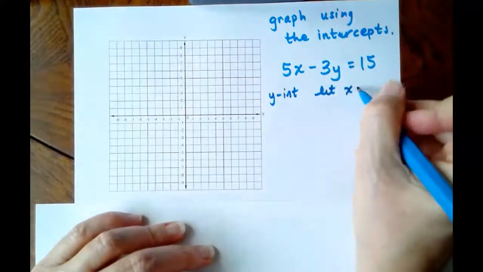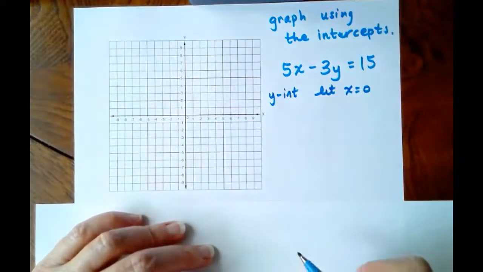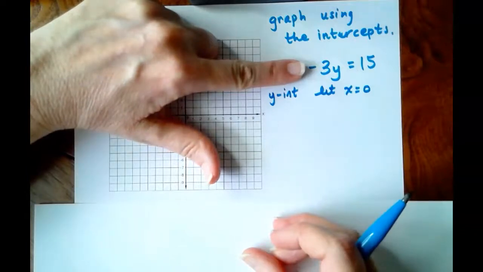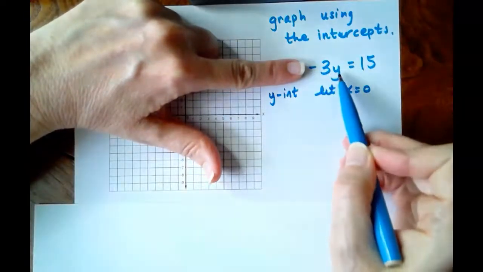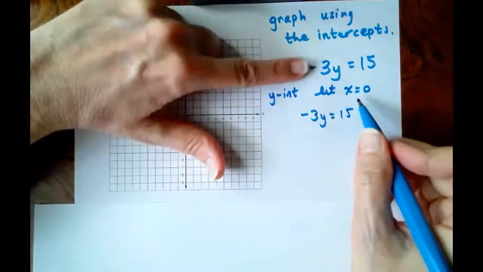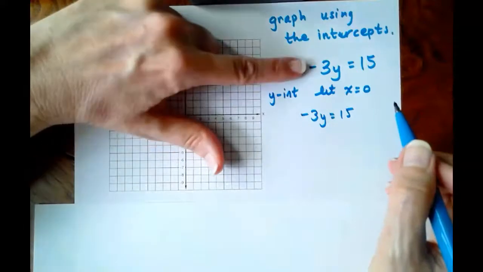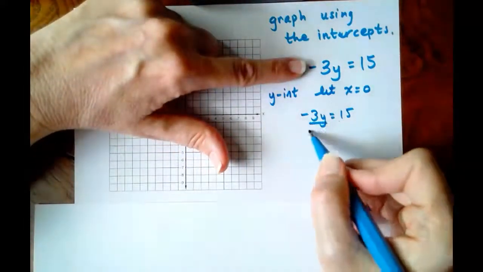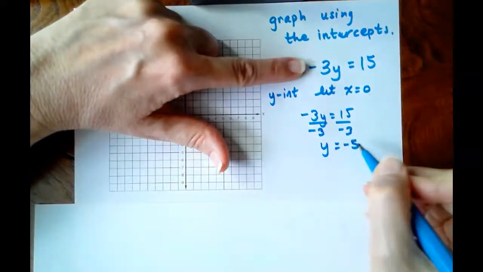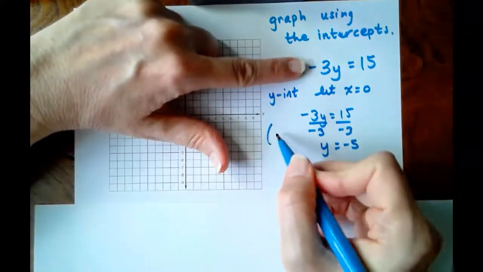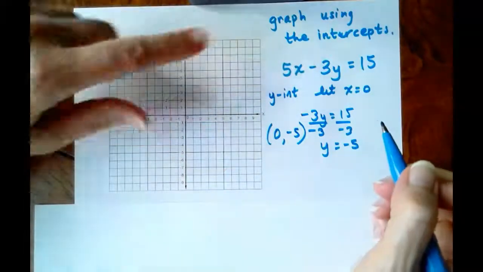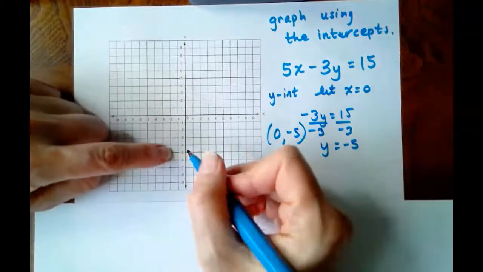Let x equal 0 and cover up the x term. Negative 3y equals 15. Divide by negative 3, y equals negative 5. This translates to the point (0, negative 5). Over 0, down 5.